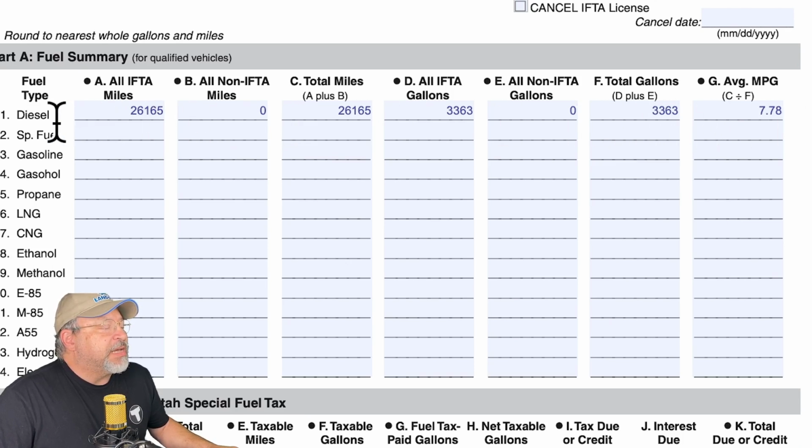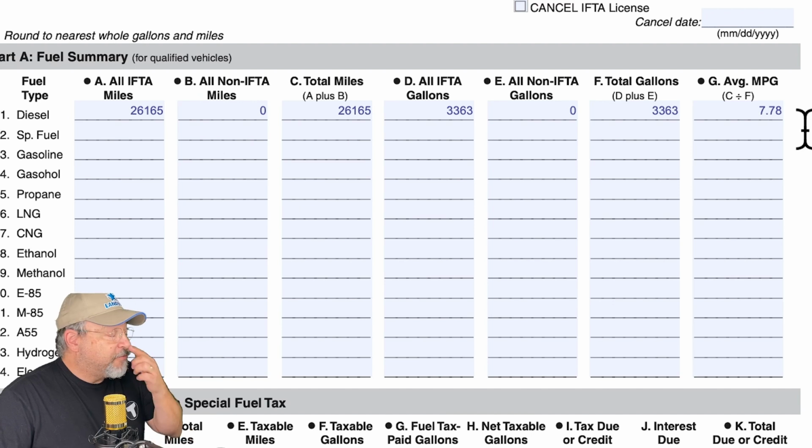And basically on page 1, this information is put there so that we can arrive at our average miles per gallon for that quarter.